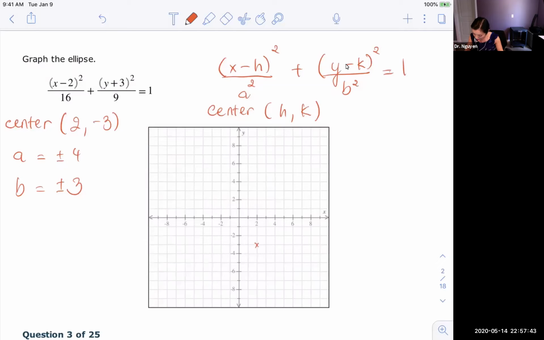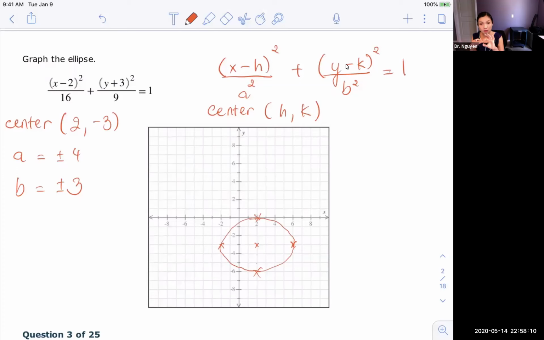So I'm going to go 1, 2, 3, 4. 1, 2, 3, 4, left and right. Back to the center, I'm going to go up, down, 3. So 1, 2, 3. 1, 2, 3. And there we have it. Very easy.